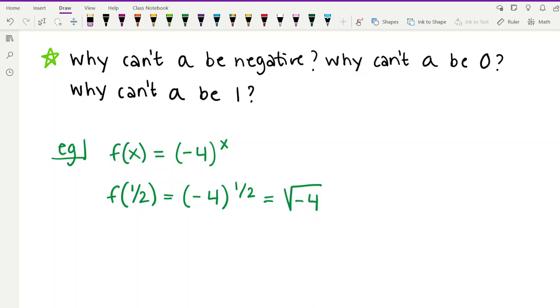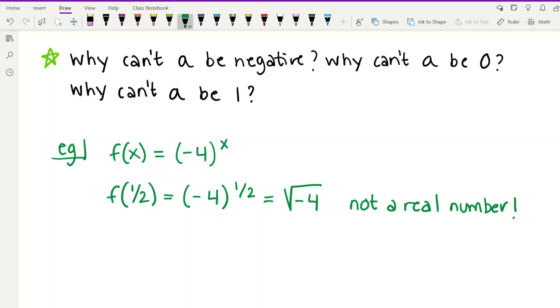And so with exponential functions, we want the inputs and outputs to be real numbers. So the problem is that if you try to make an exponential function where the base is a negative number, you're not going to be able to plug in every number you want. There would be some numbers that would work, right?